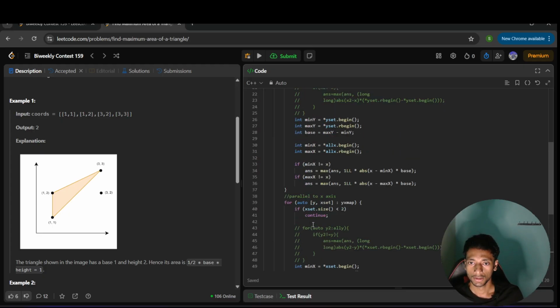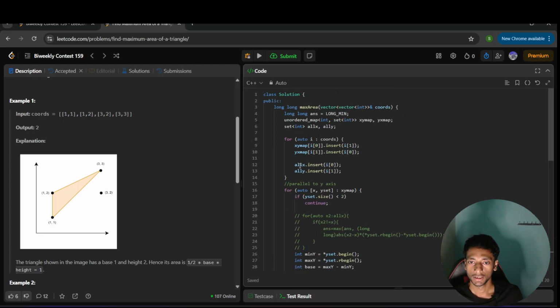Got it? So in this way, what will be the time complexity? Here we are iterating each input coordinate, so if n coordinates are present, it will take big O of n. Also, to insert into the map, since it is in sorted order, it will take log n extra, so it will be n log n, to sort and store.